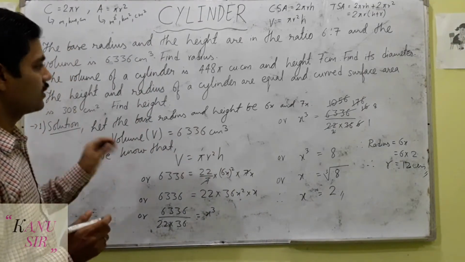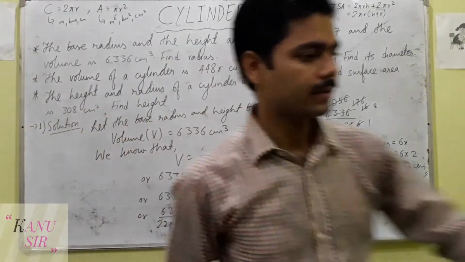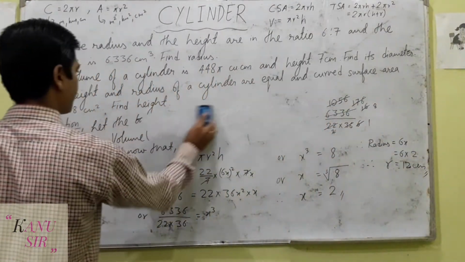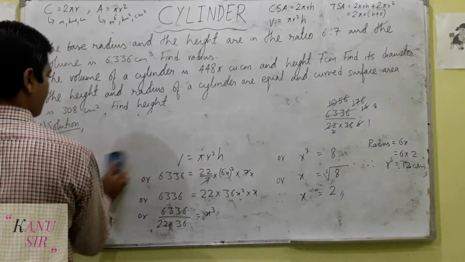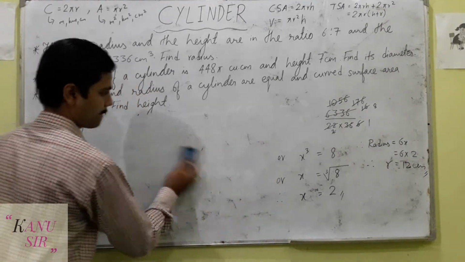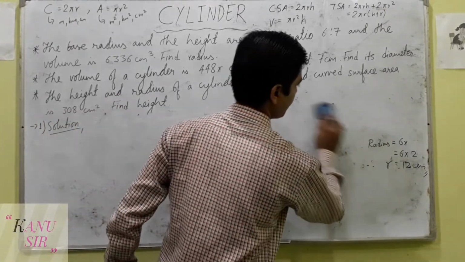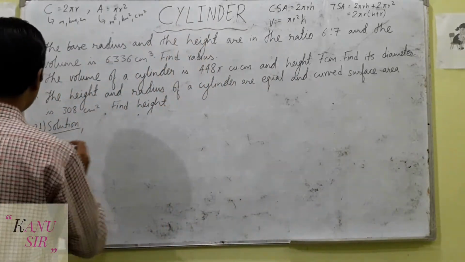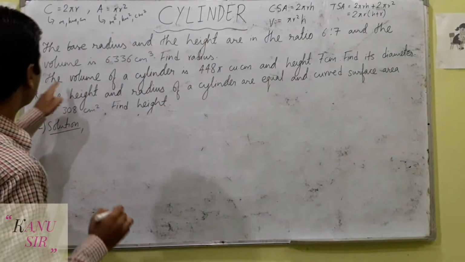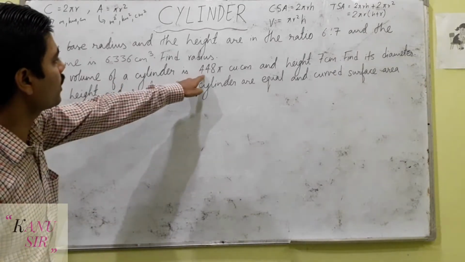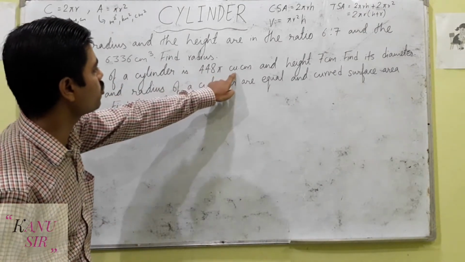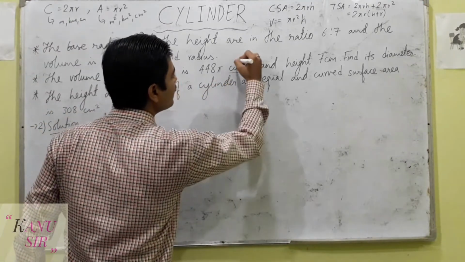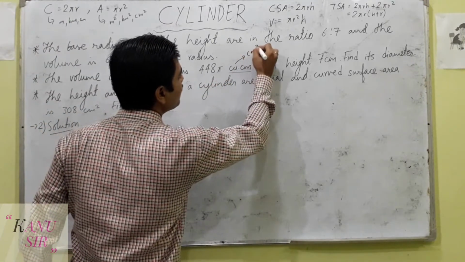Now next question, let me rub the board for that. Question number 2. The volume of a cylinder is 448 pi cubic centimeter. When the word comes cubic centimeter, then simply you should understand centimeter cube.